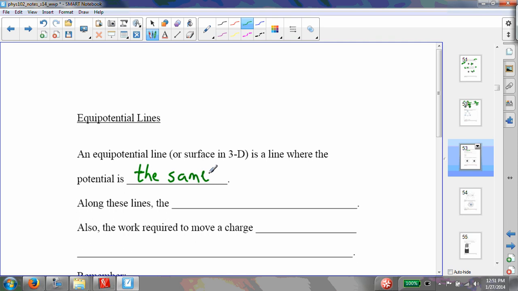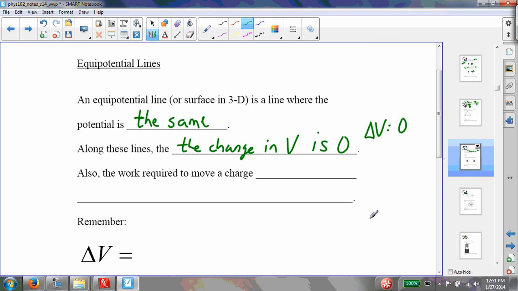And along these lines, the change in potential is 0. That is delta V equals 0. And also the work required to move a charge along an equipotential line is also 0.